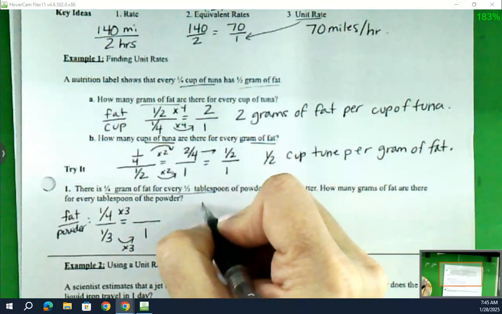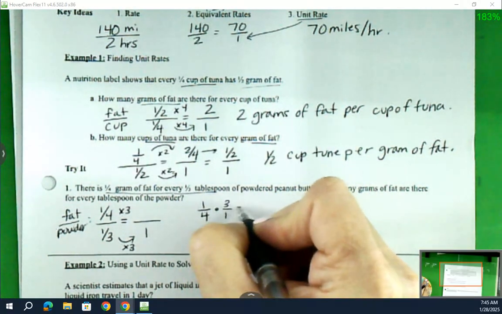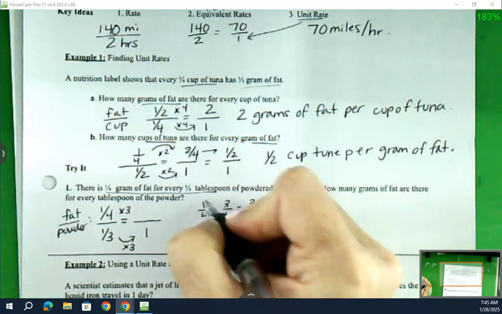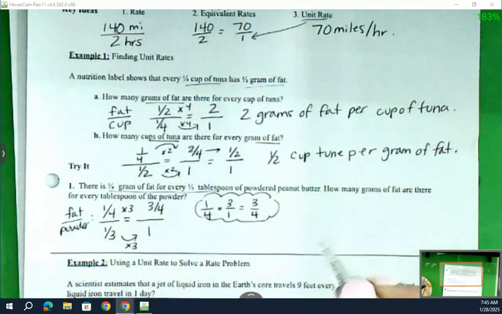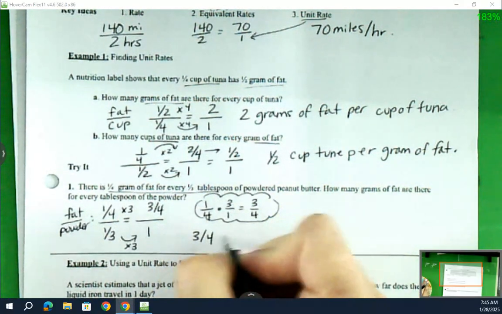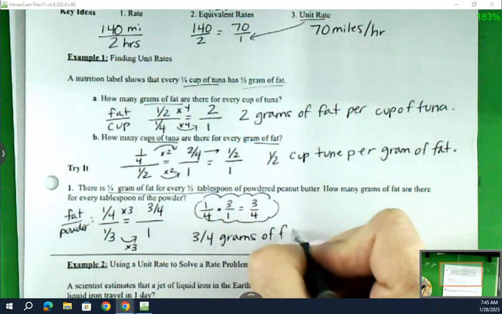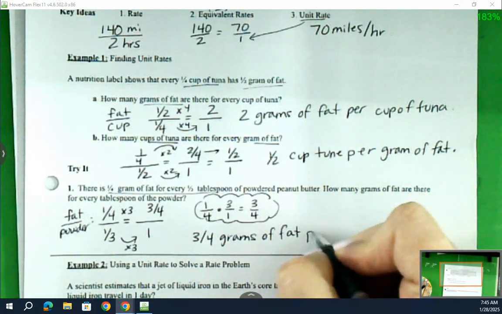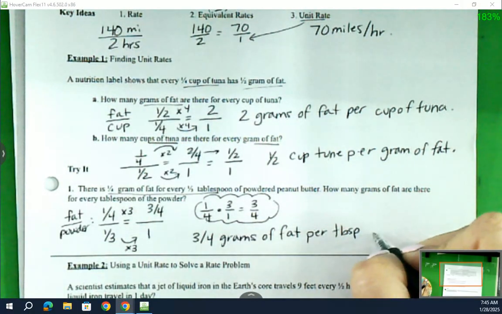And you can work that off to the side, or you can use your calculator. 1/4 times 3 over 1 is 3/4. So we're going to write 3/4. And then our answer in words would be 3/4 grams of fat per tablespoon of powder.